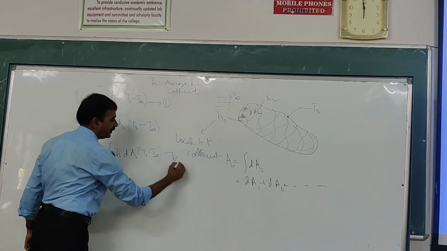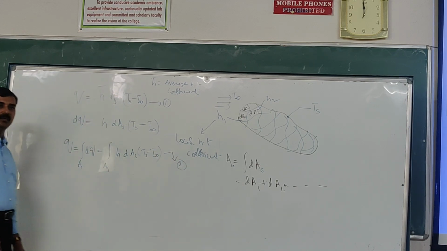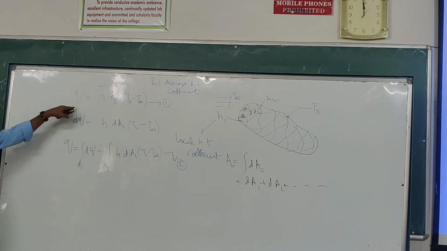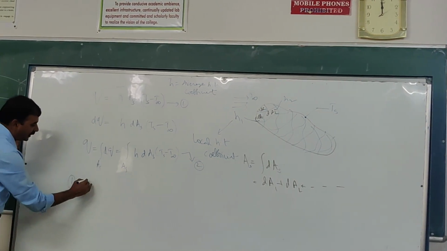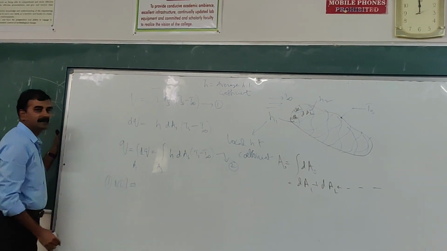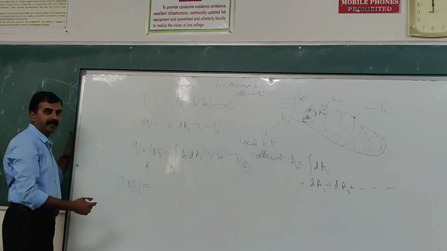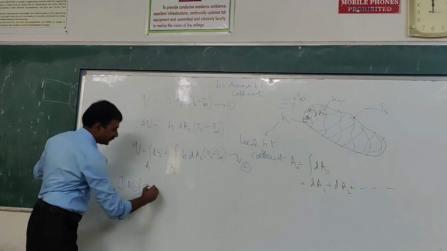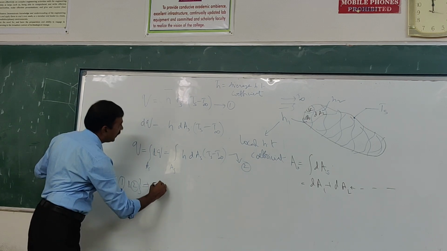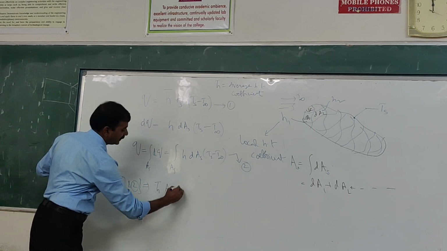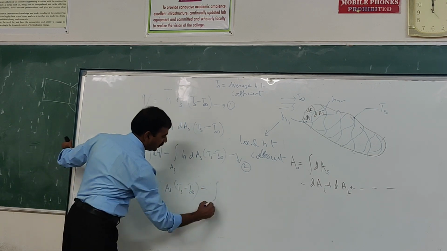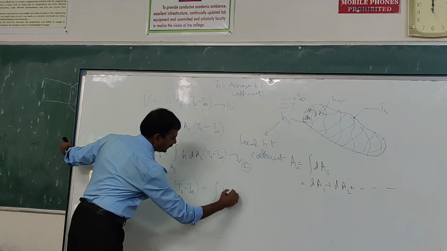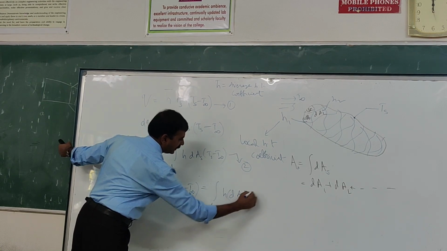Now let us assume this is equation 2. Now from equations 1 and 2, the right hand terms can be equated, right? So h bar into AS into Ts minus T infinity is equal to integral h dAs Ts minus T infinity.